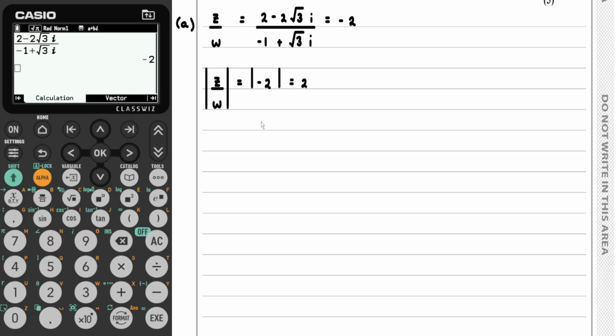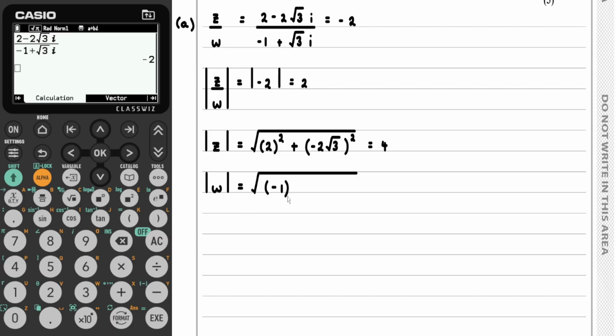Let us now work out the mod of z. That's equal to the square root of 2 squared plus negative 2 root 3 squared, and this is equal to 4. Similarly, let's work out the mod of w. That's equal to the square root of negative 1 squared plus root 3 squared, and that's equal to 2.